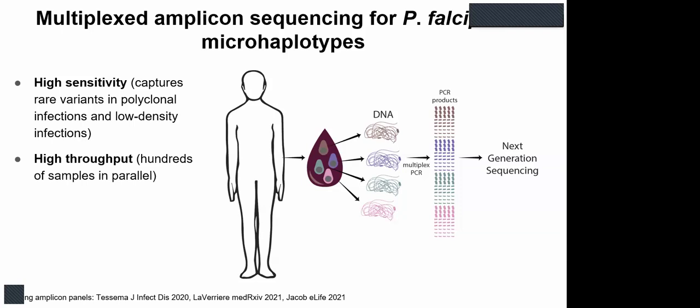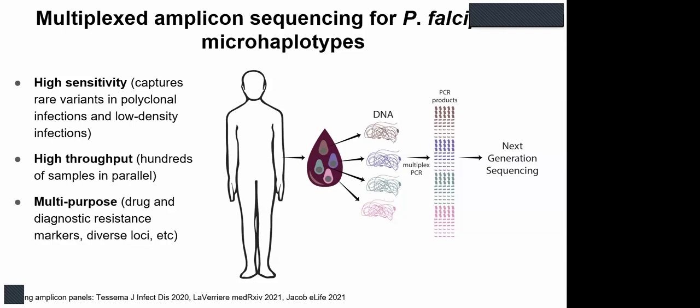So the pipeline is also high throughput, whereby it can take in hundreds of samples in parallel, and it can be utilized in a multi-purpose way to look at drug resistance in Plasmodium falciparum and other Plasmodium species, and the diagnostic resistance markers, diversity, and other parameters.